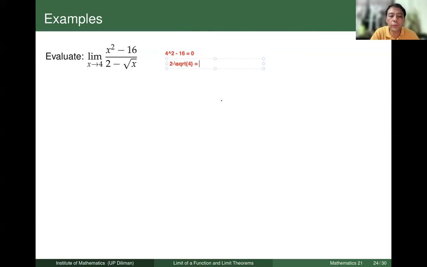And 2 minus square root of 4 is 2 minus 2, which is also 0. So this is also an indeterminate form. Okay, so it is just 0 over 0. So how do we deal with this?